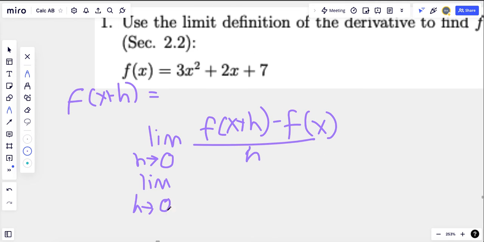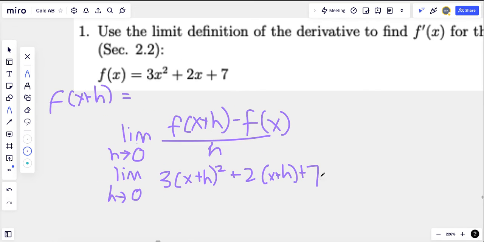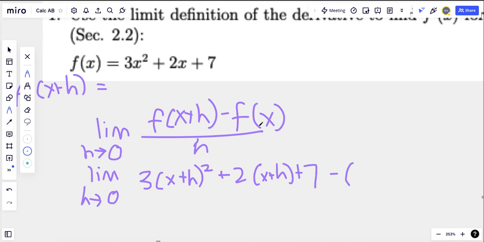So f of x plus h would be 3 times x plus h squared plus 2 times x plus h plus 7. And now you do minus f of x. So minus this whole thing.